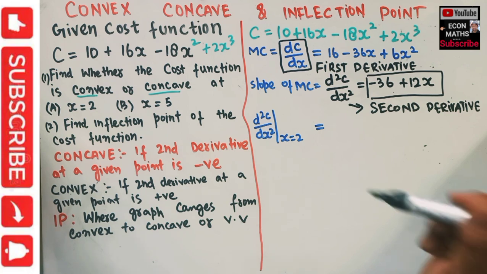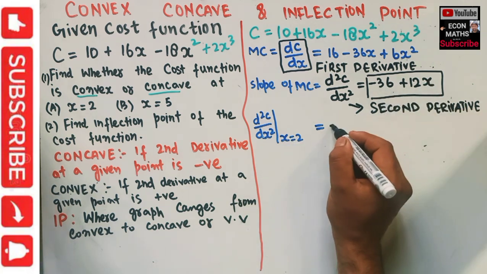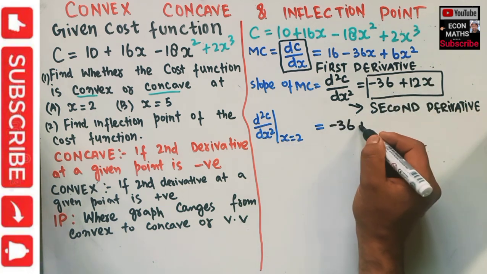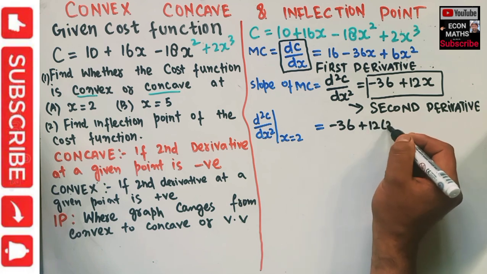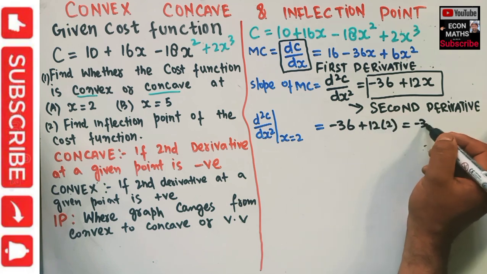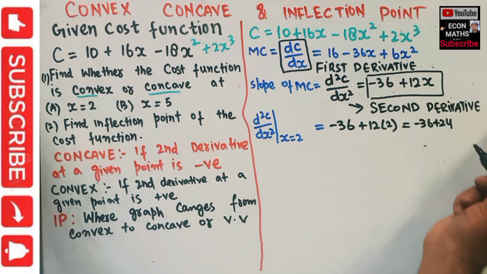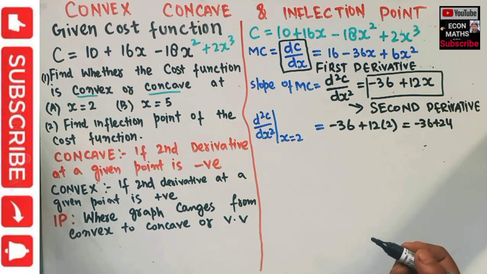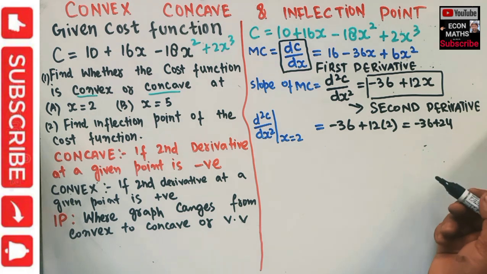Simply we plug x is equal to 2 into the second derivative function, where we have minus 36 plus 12 into 2, that is minus 36 plus 24. Obviously it will come out to be a negative number.